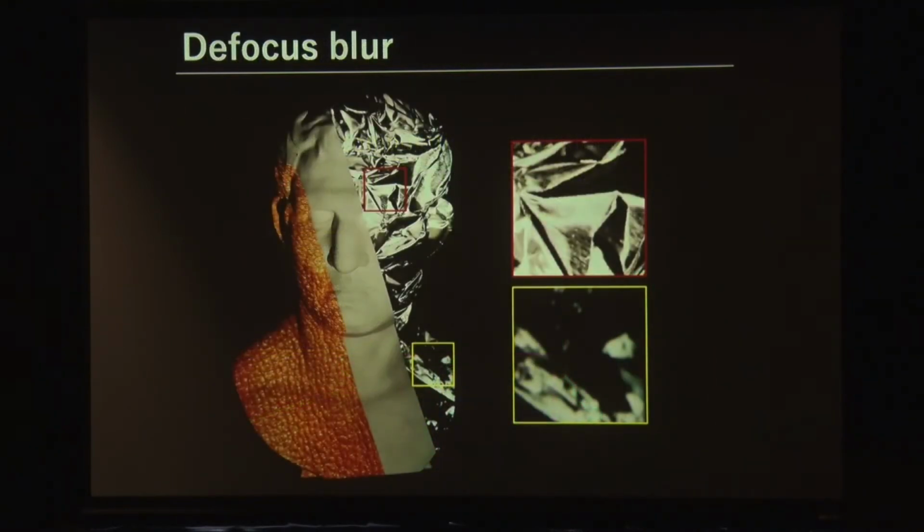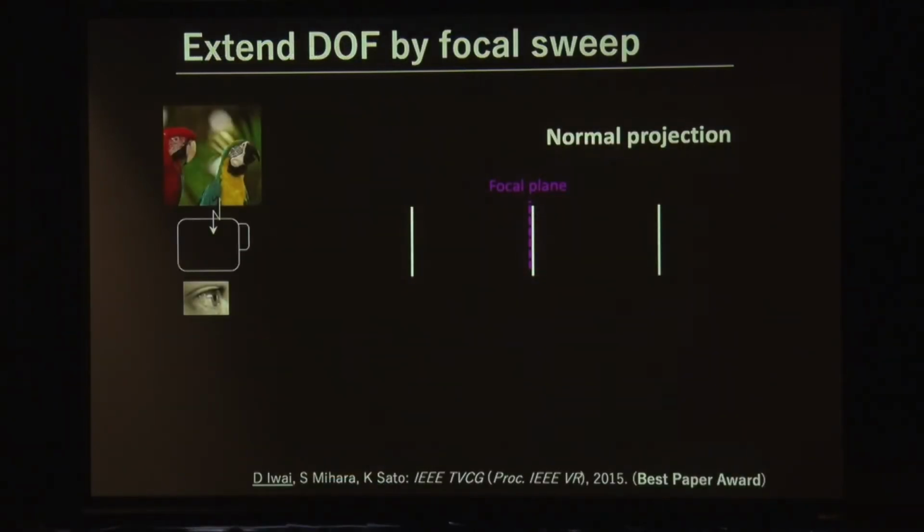The first limitation is defocus. Because projectors are basically designed to increase the brightness, the aperture is normally very large, which leads to a narrow depth of field, and then the projected image gets blurred even with a slight depth variation. So we extend the depth of field of a projector by a focal sweep approach.